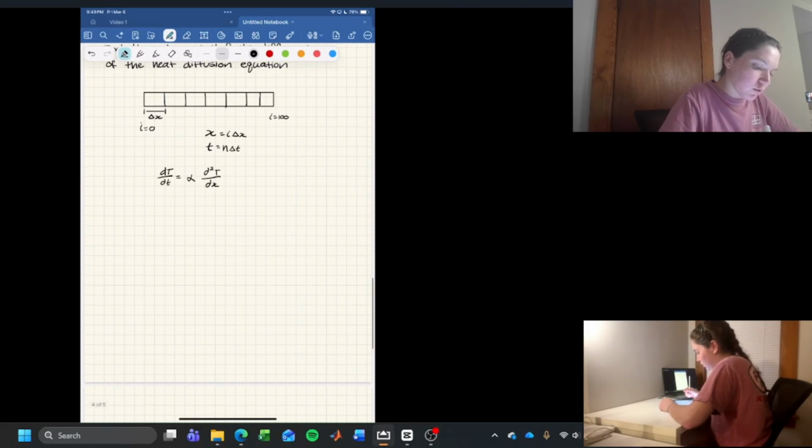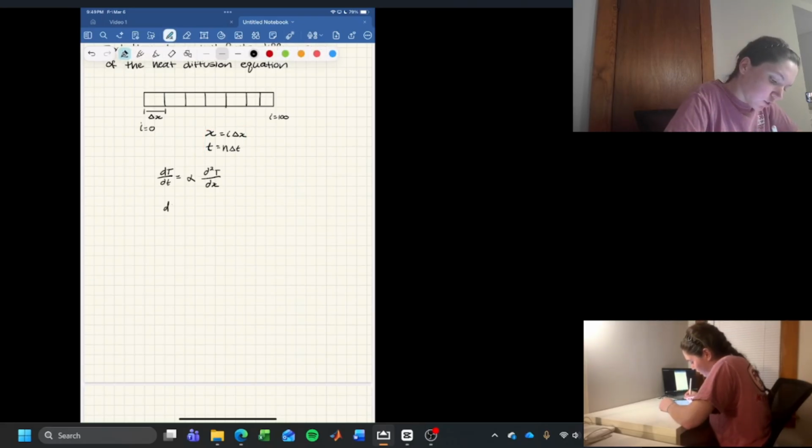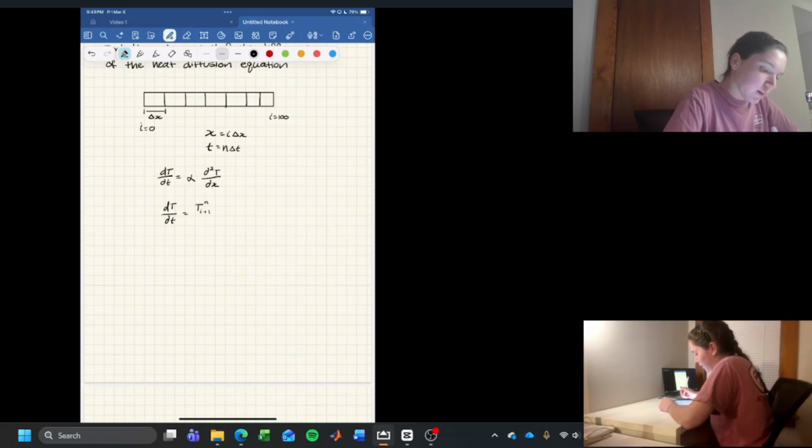So we can write this using these terms by saying that the change in temperature over the change in time is equal to the temperature of i plus 1 at n. Let's say that we're looking at this block, that is the temperature of the block to the right of the one that we're looking at. And we're going to subtract that from the temperature of the block where we want to look. And this is divided again by the change in time.